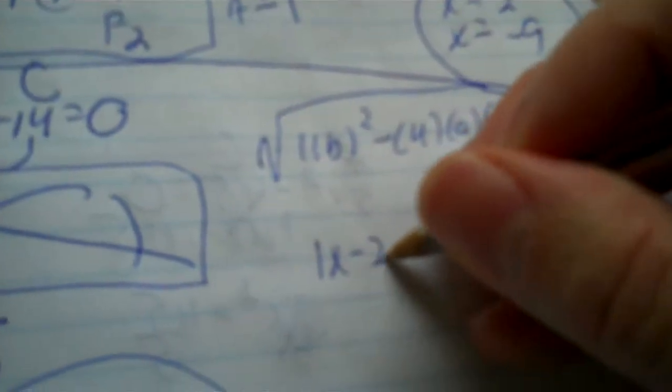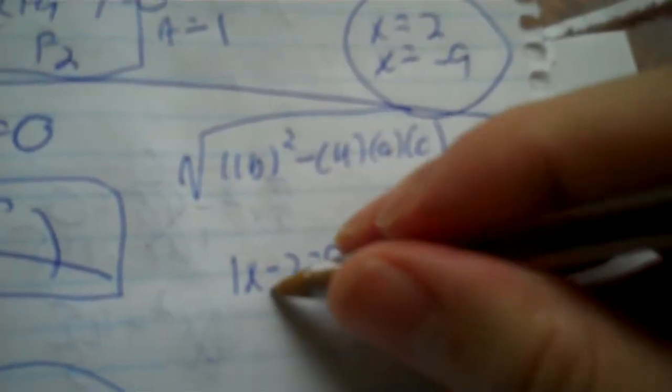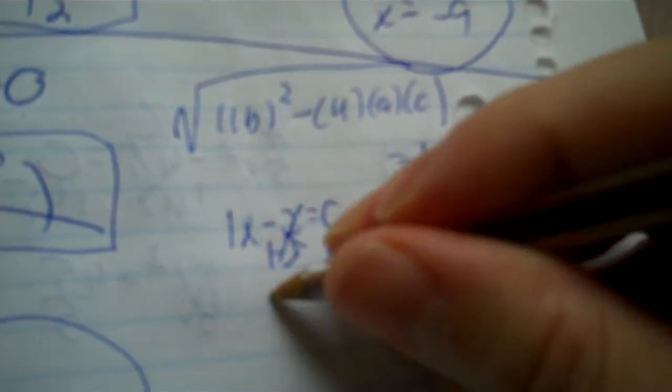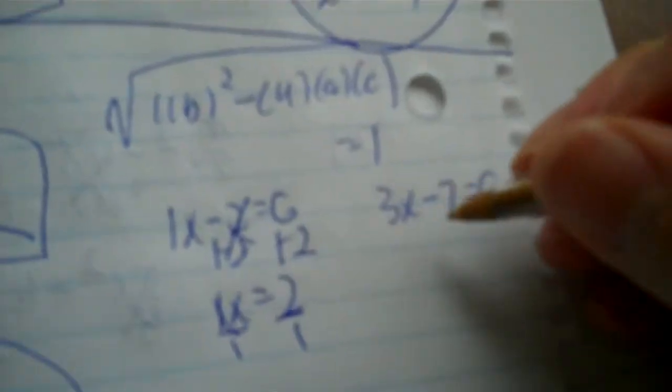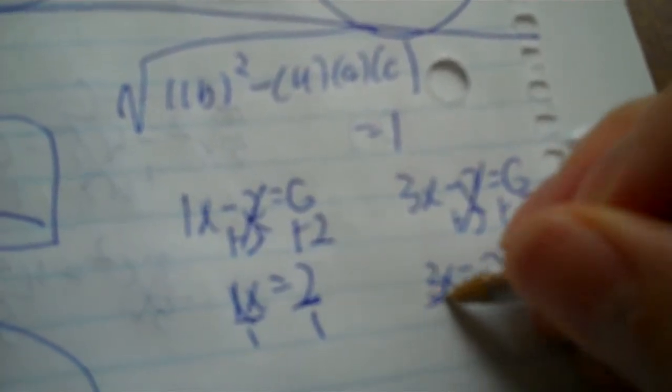So 1x minus 2 could equal 0. 3x minus 7 could equal 0. So I add 2, divide by 1, I get 2, then plus 7, 7 over 3, okay? 2 and 7 over 3.